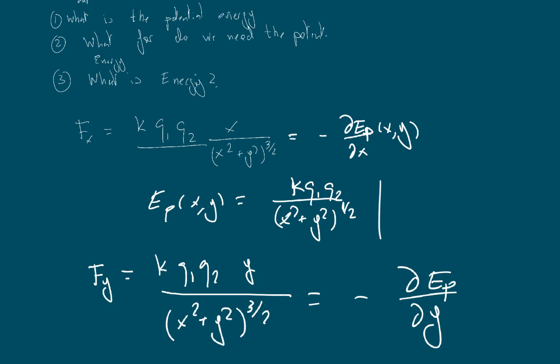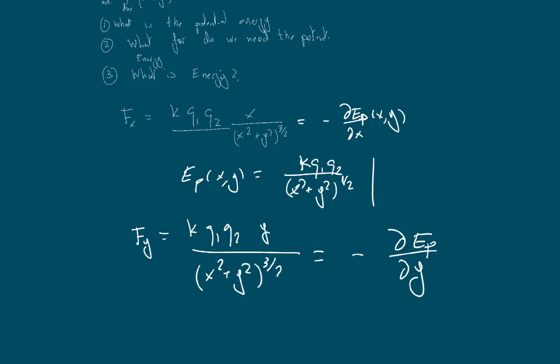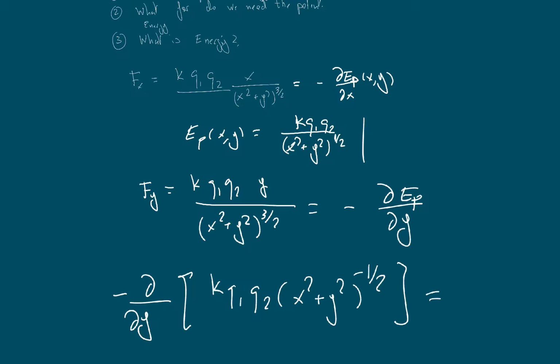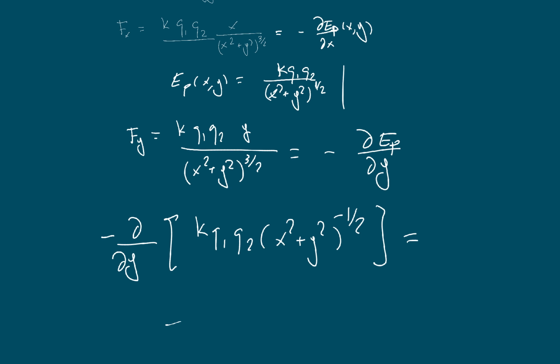Minus the derivative of E sub p should be f sub y. So minus the derivative with respect to y of E sub p, which is k q1 q2 multiplied by x squared plus y squared to the minus 1/2, will be equal to minus k q1 q2 times minus 1/2, so plus 1/2, x squared plus y squared to the minus 1/2 minus 1, minus 3/2, times 2y.